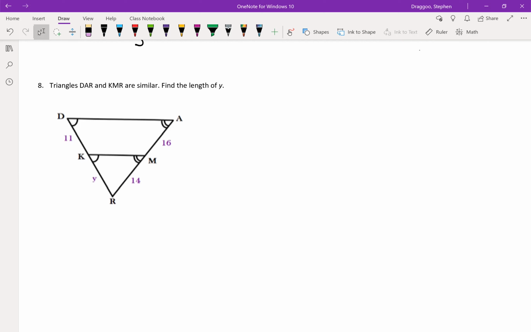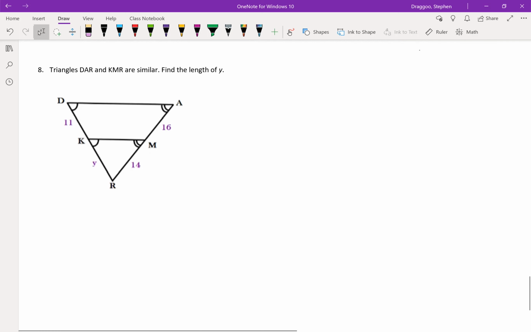So if we look at problem 8, this time we're told that triangles DAR and KMR are similar, and I want to find the length of Y. I just want to be a little careful with how I set this up.